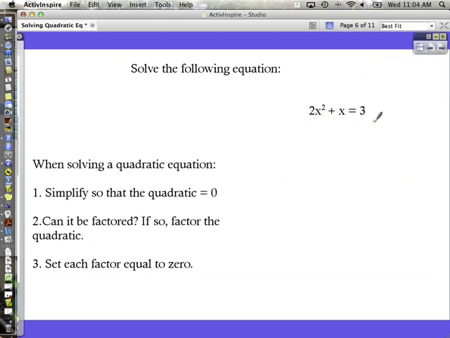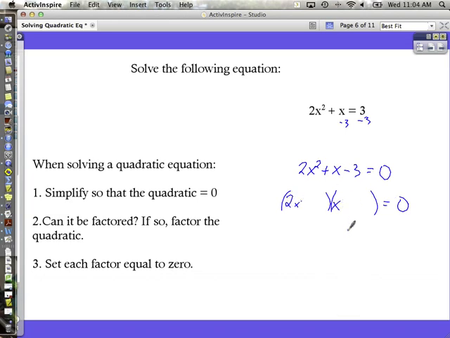First of all, is my quadratic equal to 0? Well, it's not. So I need to subtract 3 so that I can get a 0 on the other side. So 2x squared plus x minus 3 equals 0. Now, greatest common factor, is there one? No, there's not. So now I'm going to go to my two parentheses and do guess and check. I've got 2x and x.